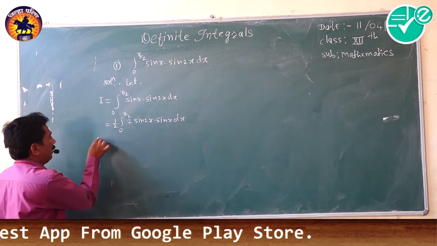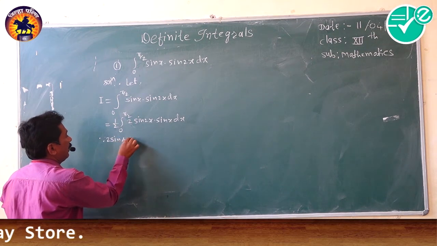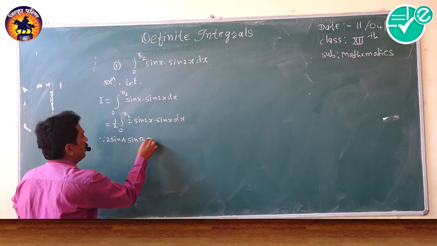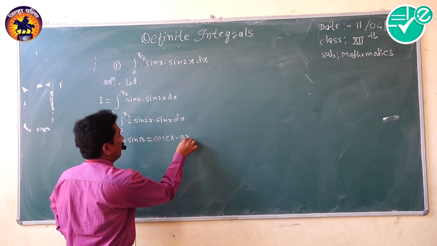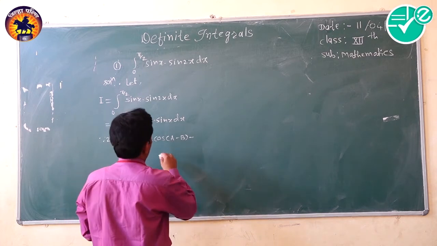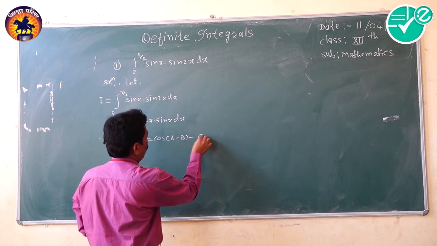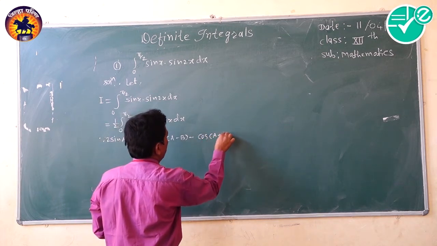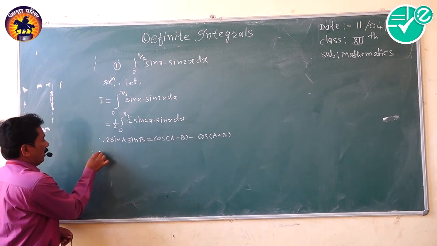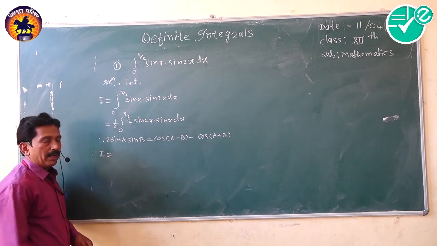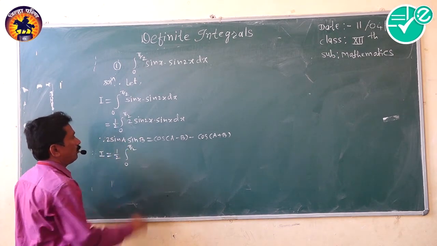Now using the formula, since 2 sin A sin B is equals to cos of A minus B minus cos of A plus B. Therefore, this I becomes 1 by 2 into 0 to pi by 2.